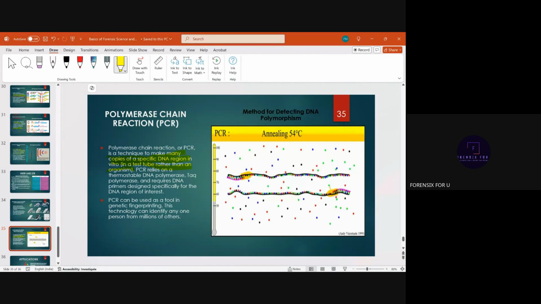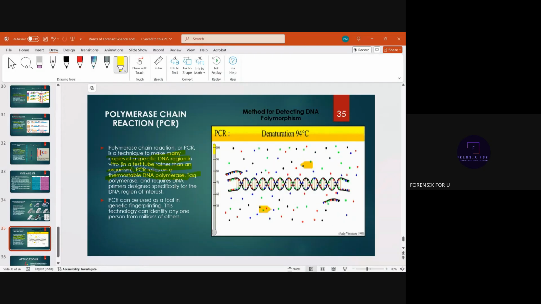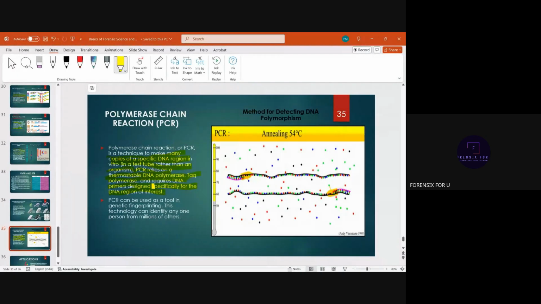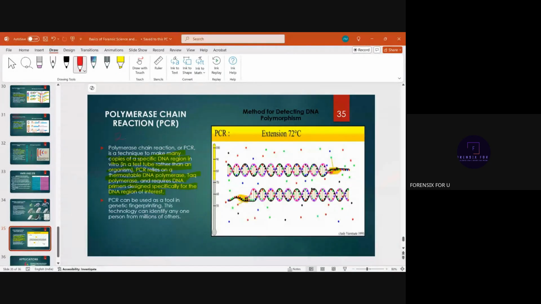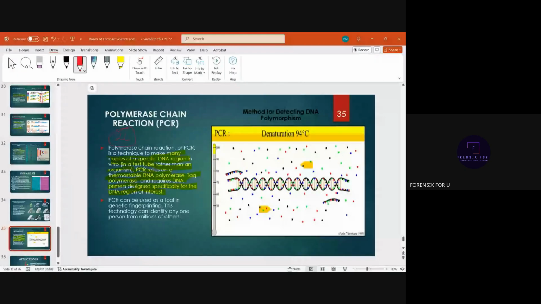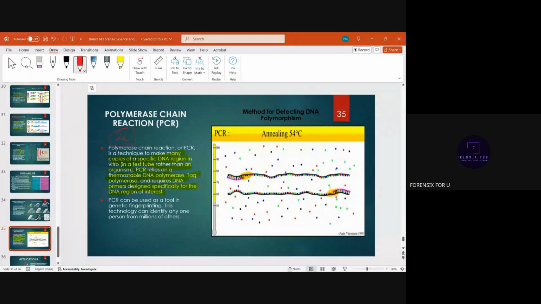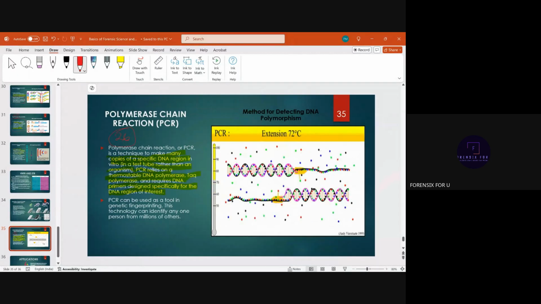Okay, so PCR relies on thermostable DNA polymerase, Taq polymerase, and requires DNA primers designed specifically for the DNA region of interest. So in CODIS, since we are studying 26 markers, we know the sequences of these 26 markers, right? We know the nucleotide sequences, the tandem repeats that are there in the beginning and the end of these markers.